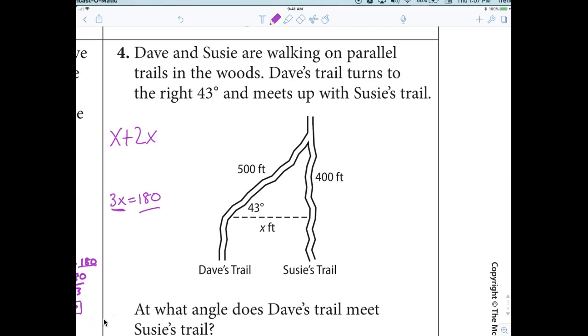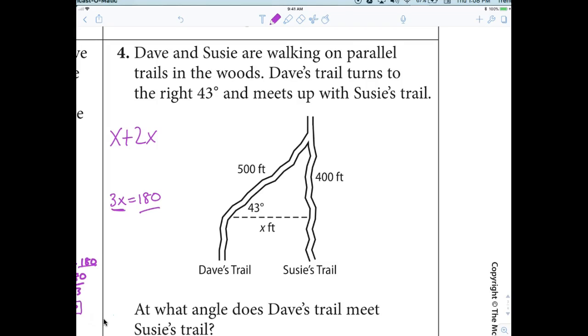It says Dave and Susie are walking on parallel trails in the woods. Dave's trail turns to the right at 43 degrees and meets up with Susie's trail. At what angle does Dave's trail meet Susie's trail?